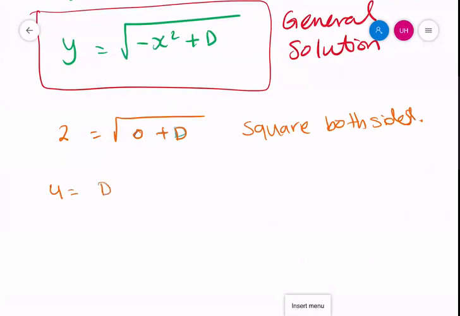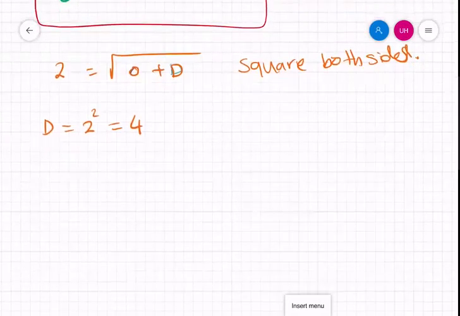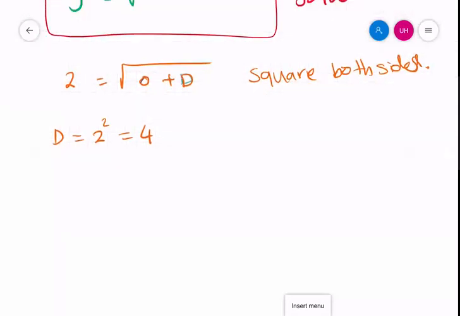So therefore d equals 4 basically, or if you want, d equals 2 squared, which is 4. And now we can write the equation with the value of d. So therefore, y equals square root of 4 minus x squared.